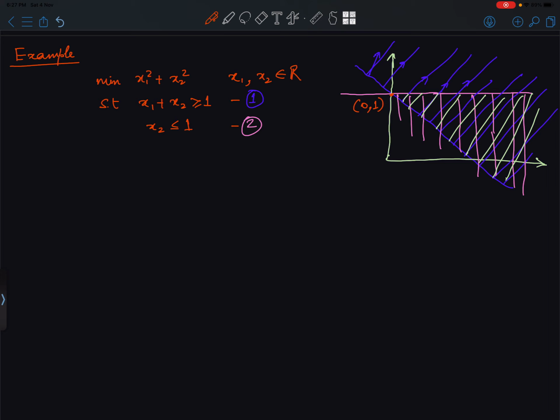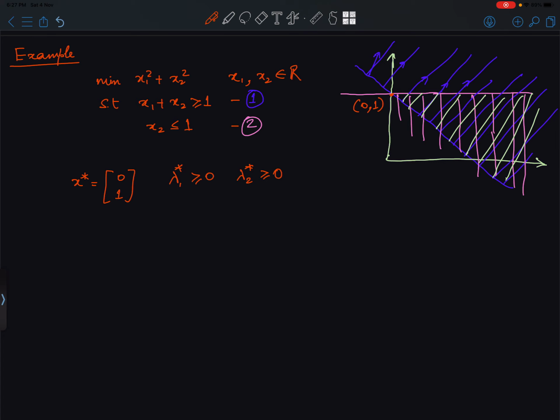So x* equals (0, 1), and my λ1* is greater than or equal to 0, and λ2* is also greater than or equal to 0.